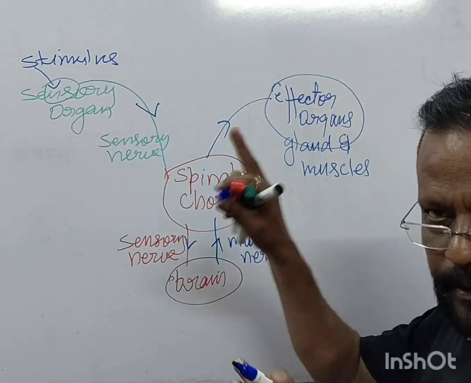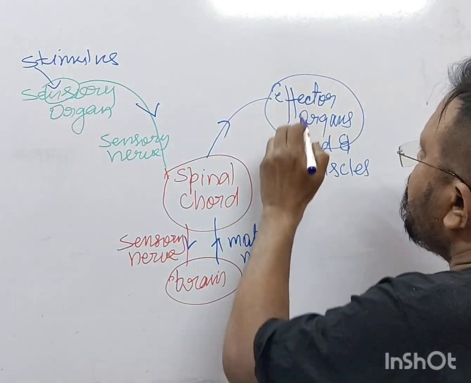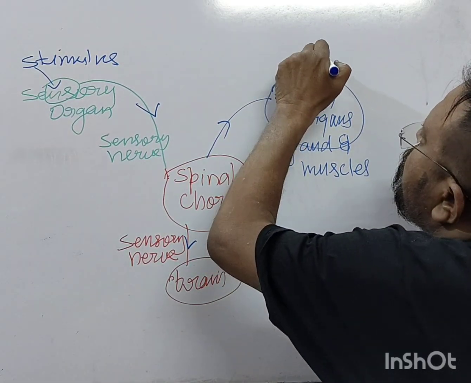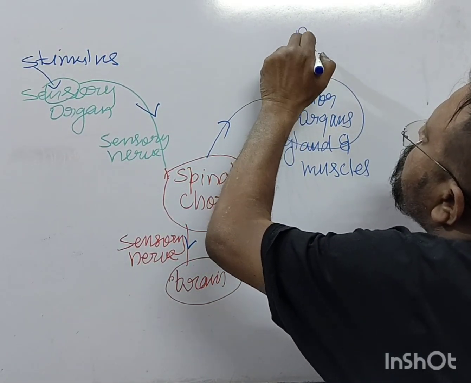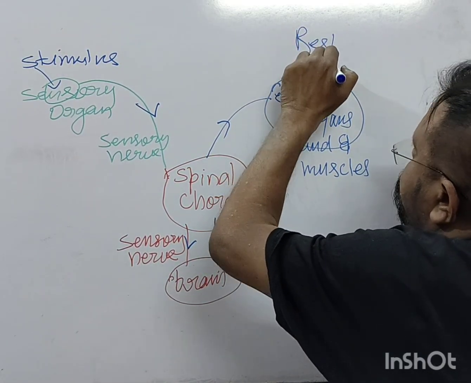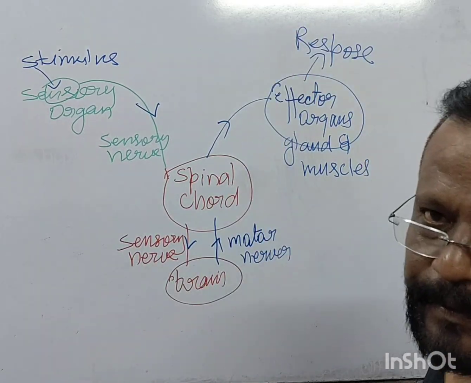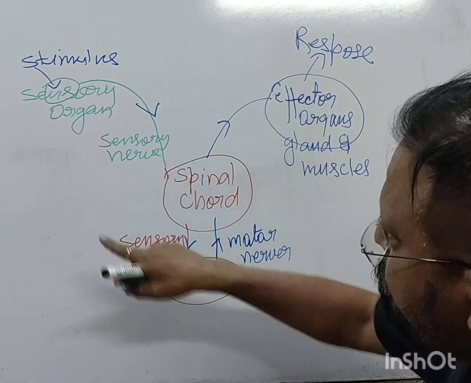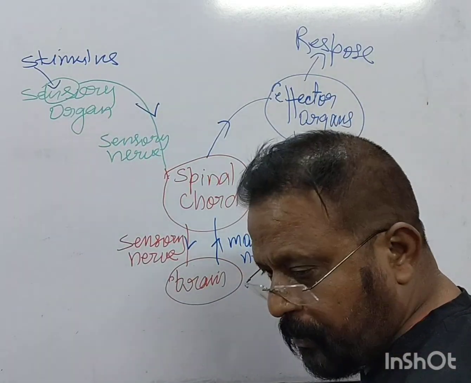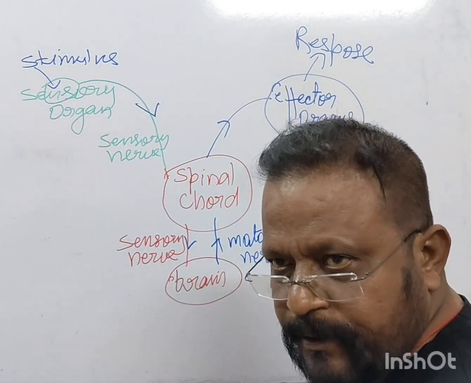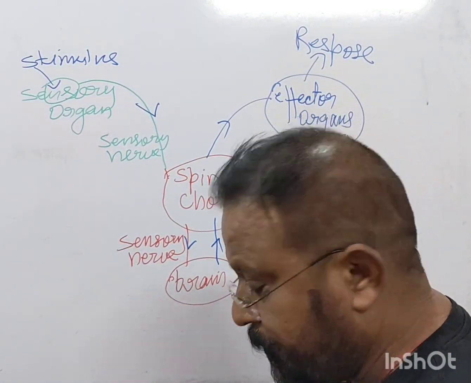This is the general path, and that is what we call the response. Right? This is the general path of stimulus and response.